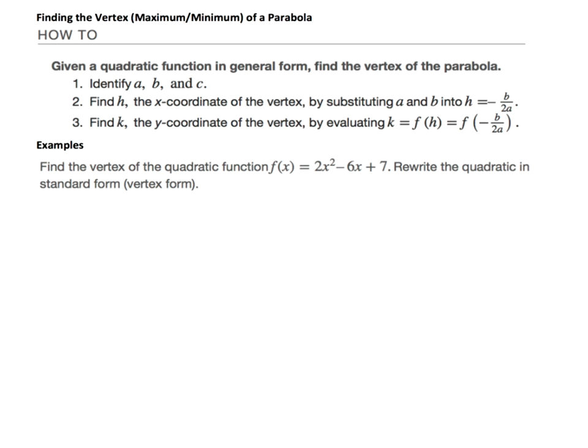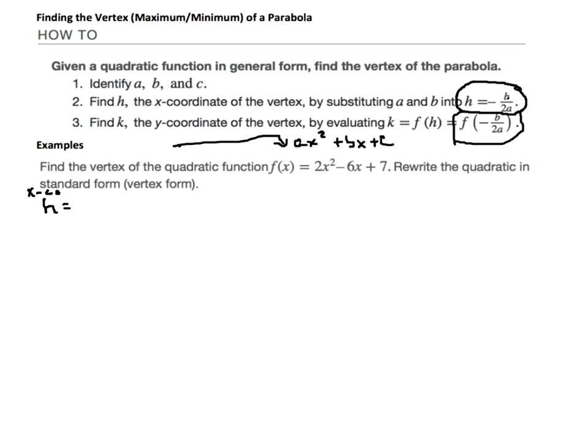So you can find the vertex when it's in the general form, ax squared plus bx plus c, by finding your x-coordinate or your h by doing -b over 2a, and then your k is whatever you get when you plug that into the function. So the first thing I'm going to find is h, which is also the x-coordinate of the vertex, by doing -b over 2a.